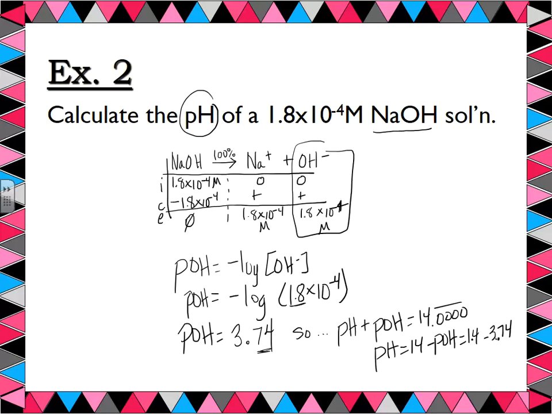Now, since the 14 has unlimited decimal places and the pOH has 2 decimal places, we're going to round our pH to 2 decimal places as well. So that's going to give us a pH of 10.26. So this will definitely be a basic solution because the pH is greater than 7, and we would expect that because this is a strong base.